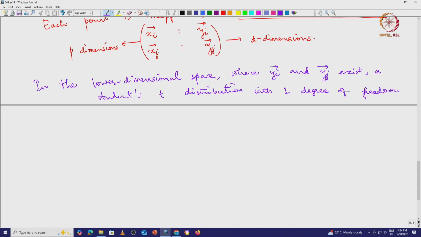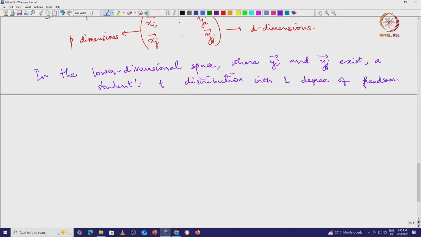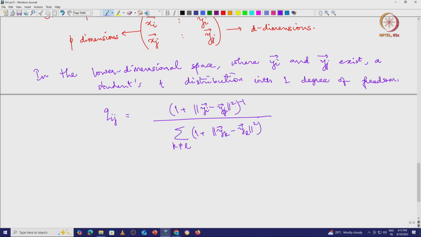You do not want too many points to be very close to each other. So here you define the similarity Qij as 1 plus the norm squared yi minus yj to the power minus 1, divided by sum over k not equal to l of 1 plus the norm of yk minus yl squared to the power minus 1. So this is how you define the similarity metric in the lower dimensional space.